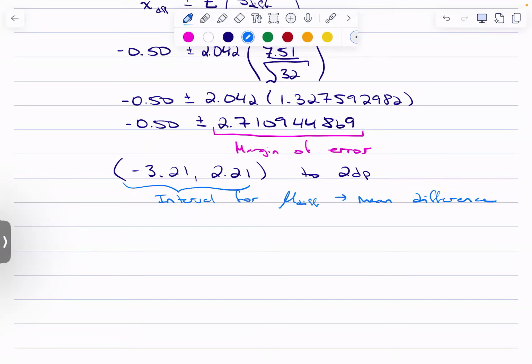So our interpretation has to be about the population mean difference, if I'm going to be picky.